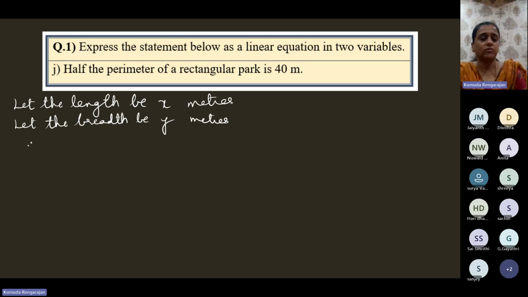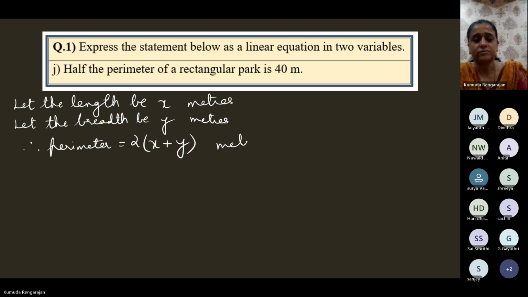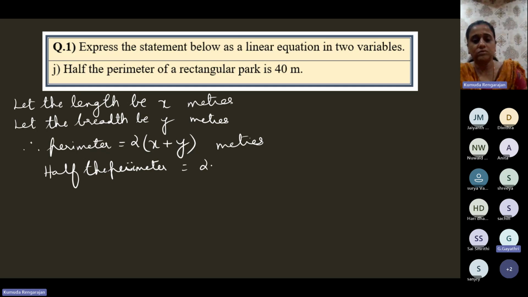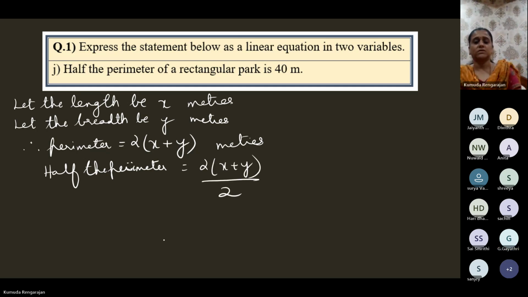Therefore, perimeter is equal to 2 into L plus B, which is 2 into X plus Y meters. What is half the perimeter? Half the perimeter is, correct, divide by 2.